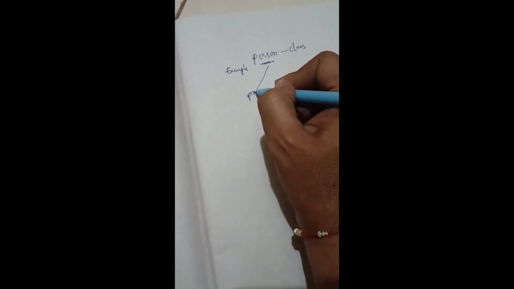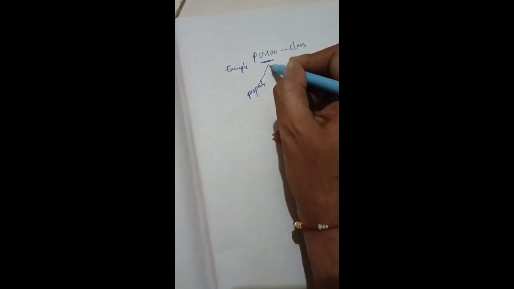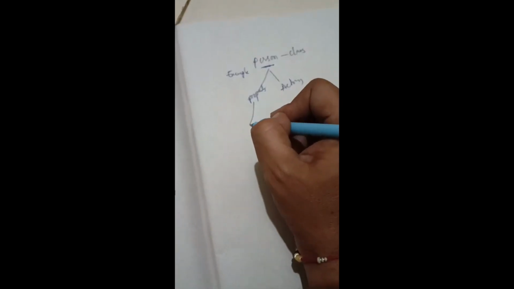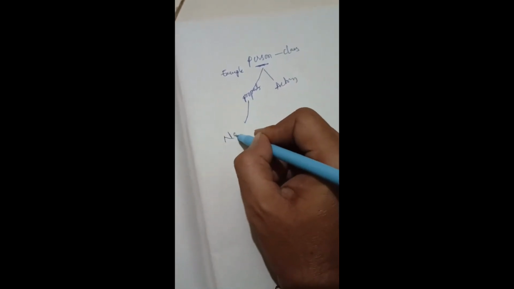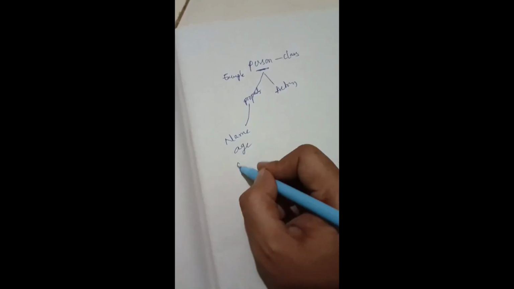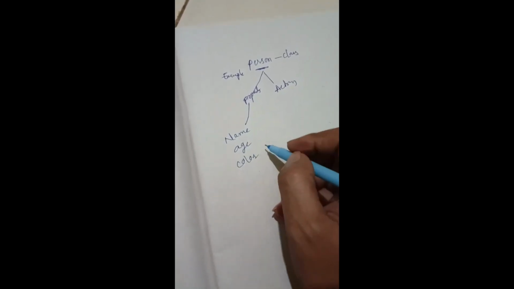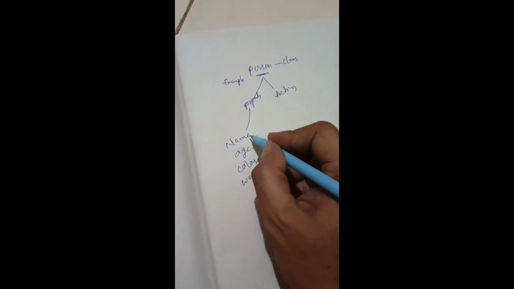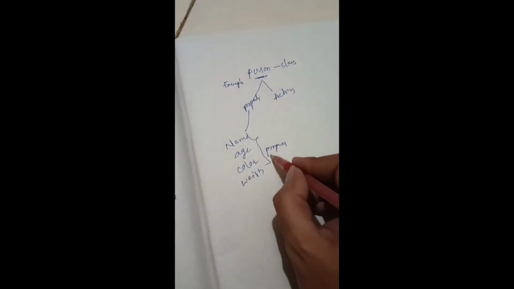Person contains the properties and actions. Properties means name and age, color. These are called the properties. These properties are known as variables.